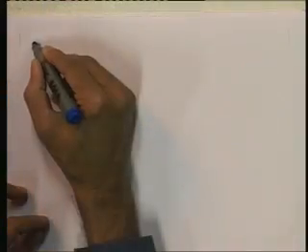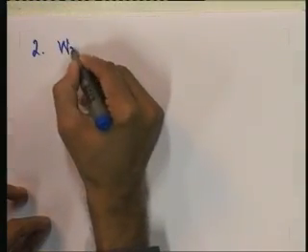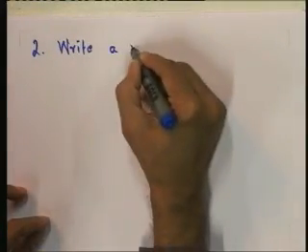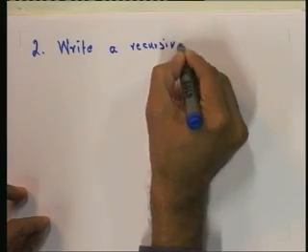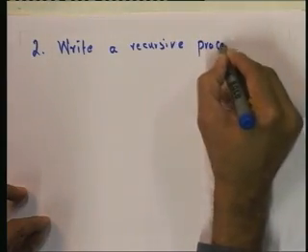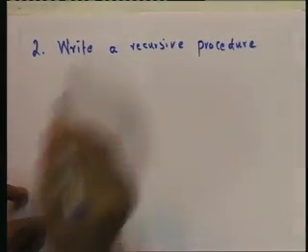Then what we are going to do is, we are going to write a recursive procedure. Having defined explicitly what the search space is, the next step is to write a recursive procedure which looks something like this.